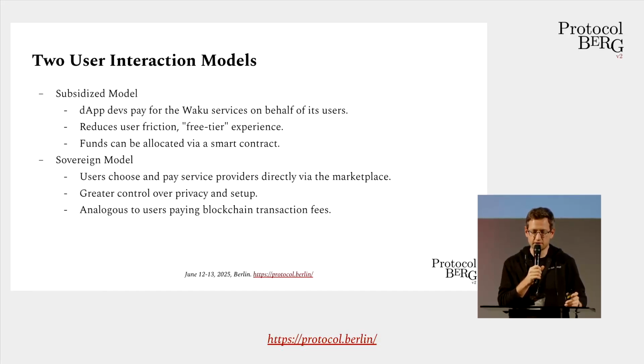This is basically a free tier experience, and it could look like this: a developer issues some amount of free credits or free credentials to the users, and the users can redeem these credentials with service providers of their choice. In this architecture, users get a nice user experience, but they don't sacrifice their privacy because the app developer cannot relate their requests and their credentials when they're being used with a particular user identity.